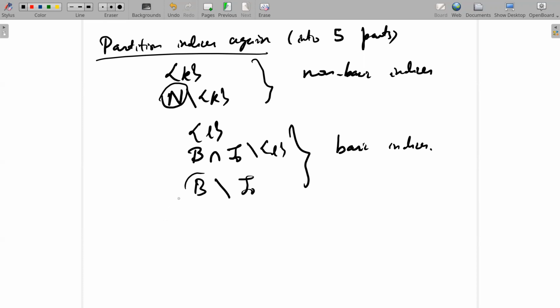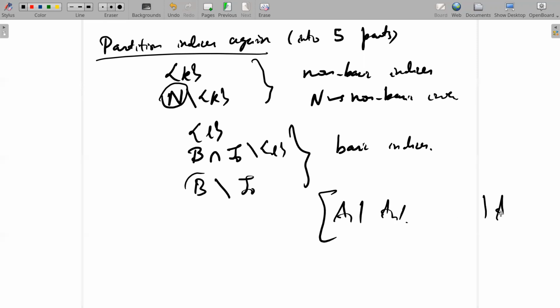So what is N? What is L? N is non-basic indices. Think of this. You had A1, A2, through AN. Some of these columns are basic columns, so that was J1 through Jm.